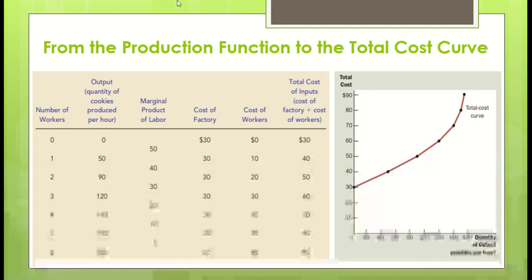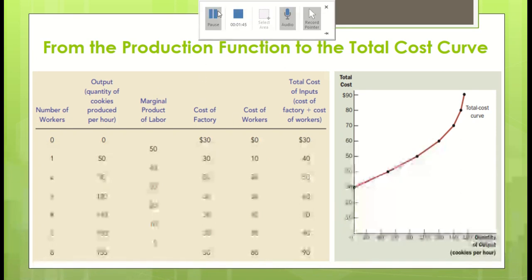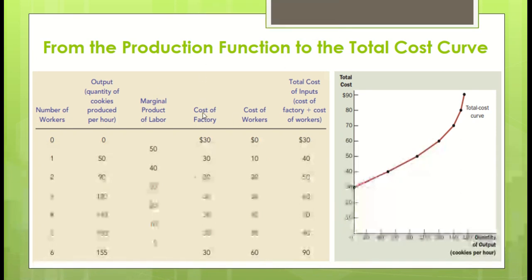Here another column is the cost of factory, and you can see that the cost of factory is fixed, that is constant. Here you can see that the cost of factory is $30. That means it is fixed or constant.